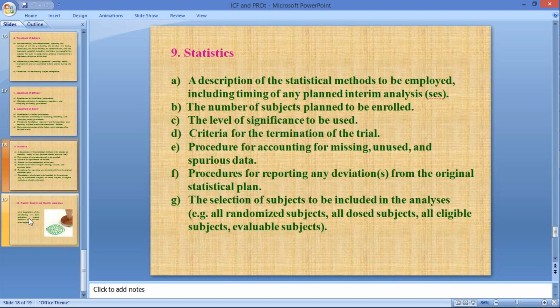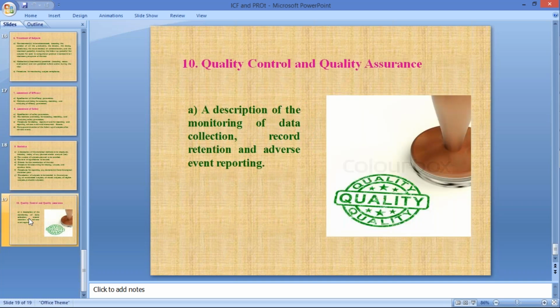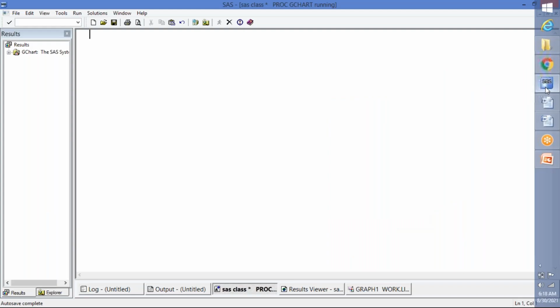Selection of subjects to be included in the analysis: all randomized, all dosed, all eligible subjects. So quality control, review, quality assurance. These are all the protocol contents.